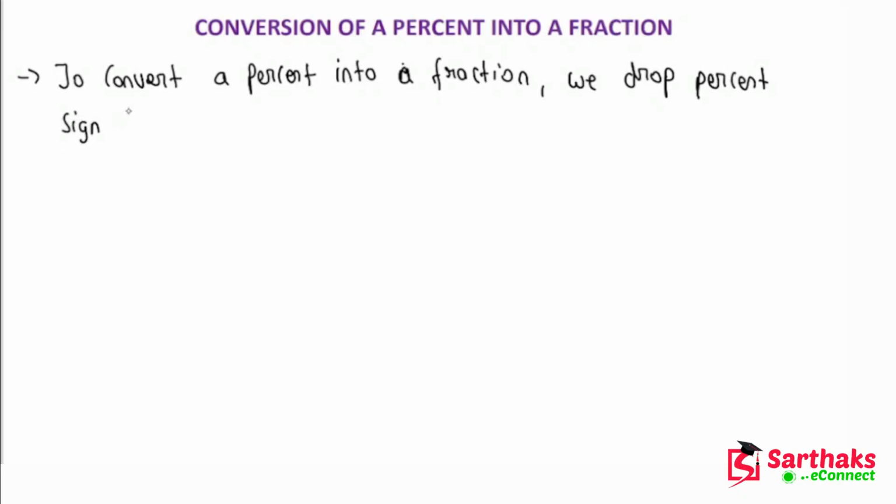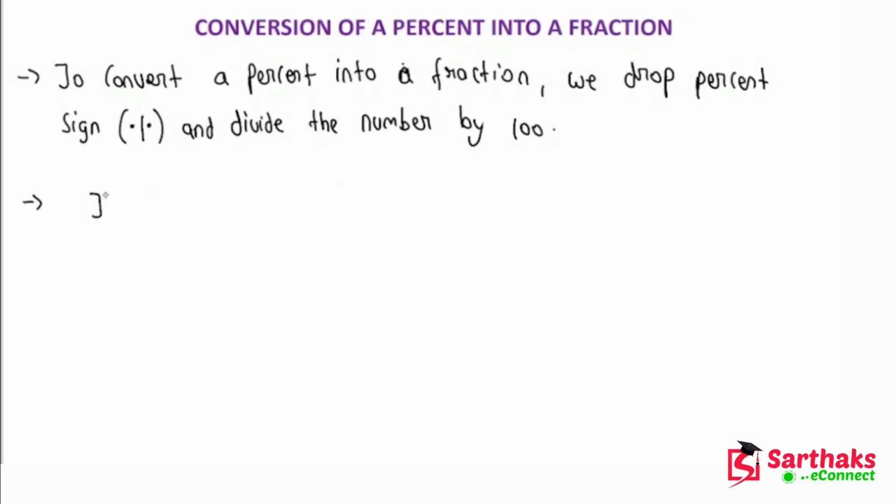I told you, you have to remove the percent sign and just multiply the number by 1 upon 100, that is, divide the number by 100. So remove the percent and use 1 upon 100 and you will get the fraction. Drop the percent sign and divide the number by 100.